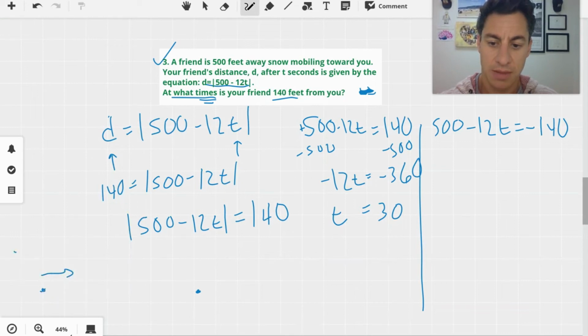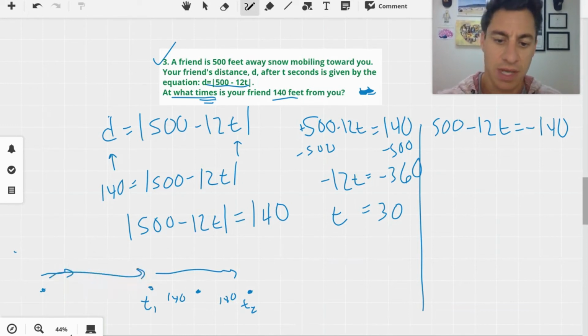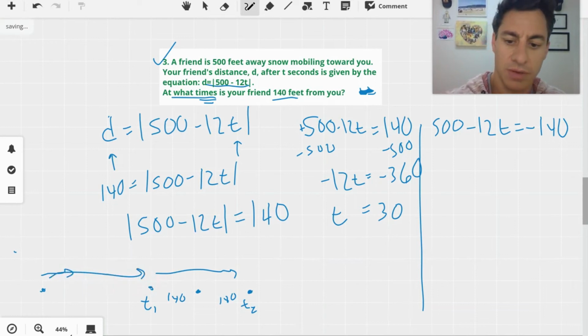At time 1, they could be 140 feet away from you, but then they're going to keep snowmobiling, and then at time 2, they could also be 140 feet away from you, right? Remember, absolute value doesn't care about positive or negative, just total distance. So it's going to take your friend 30 seconds to be 140 feet away from you.